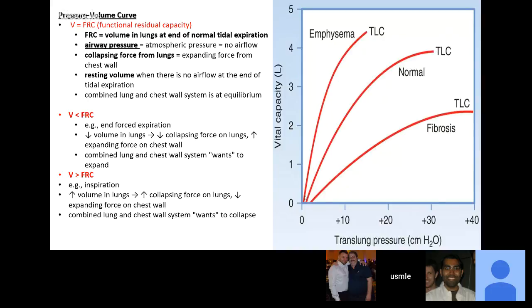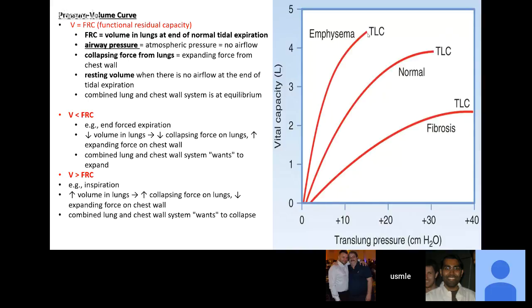Now, if you have emphysema, what happens in emphysema? Remember, you don't have much exchange. The pressure is going to be very low, but you always have constant volume inside the lungs, so it's almost like the functional residual volume. With emphysema, you increase volume as much as possible.